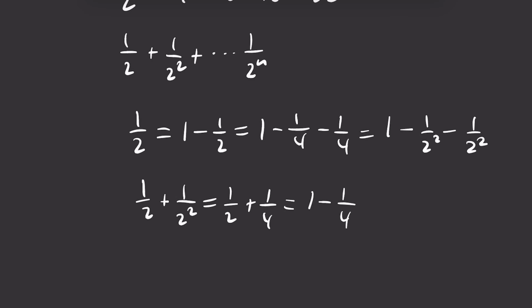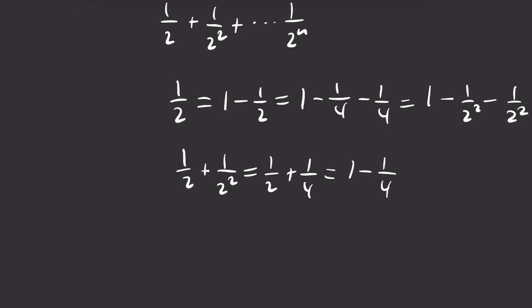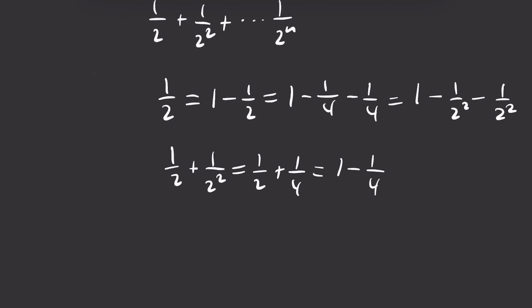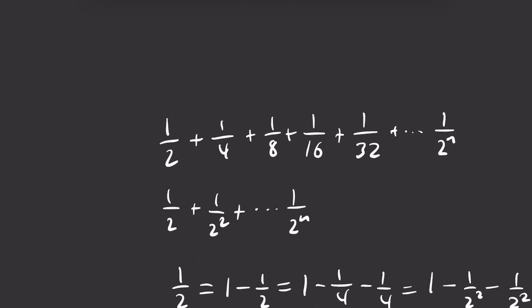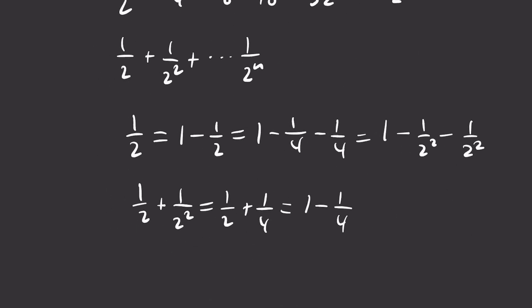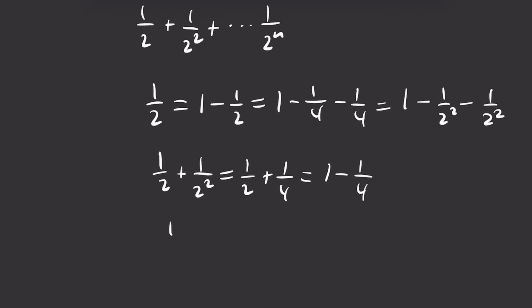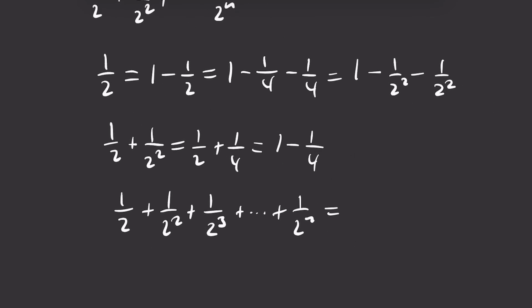And this pattern just keeps going like this. Every time I add a new member to this sequence, 1 over 2 to the n, if I do 1 over 2 plus 1 over 2 squared plus 1 over 2 cubed plus dot, dot, dot plus 1 over 2 to the n, I will always be able to write the result as 1 minus 1 over 2 to the n.